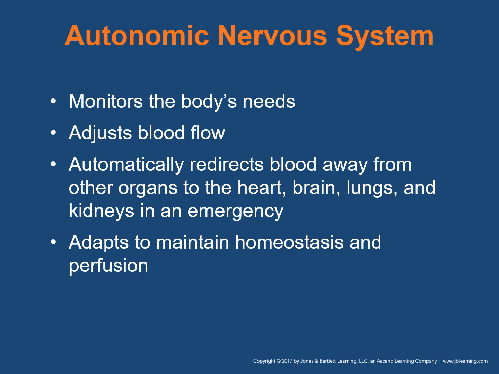The autonomic nervous system allows the body to balance. And when it cannot help maintain homeostasis or perfusion, when the body is having too much trouble, we then get emergent situations and our patient increases the likelihood of going into shock.